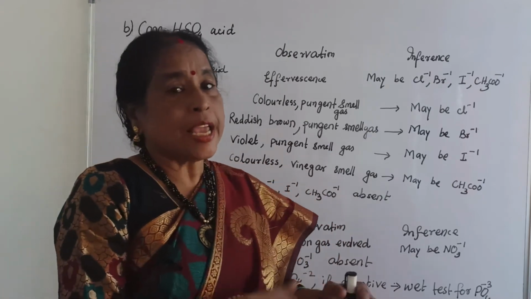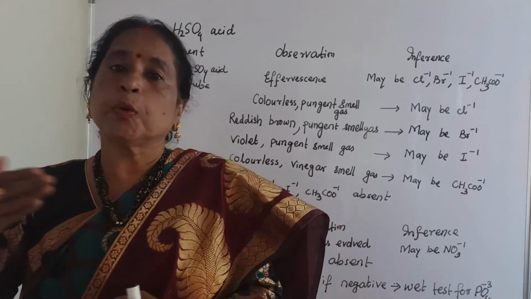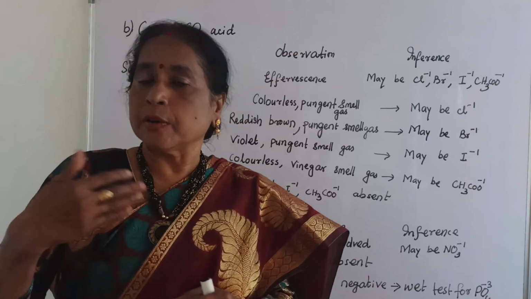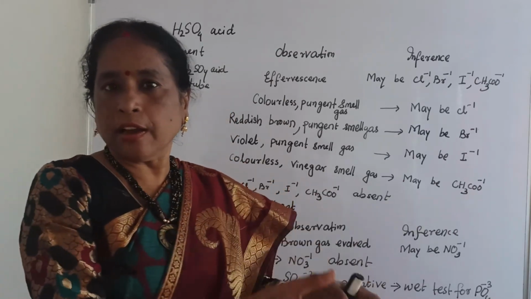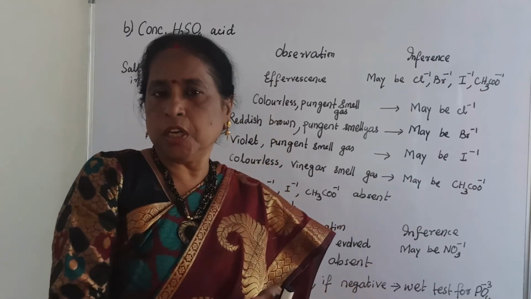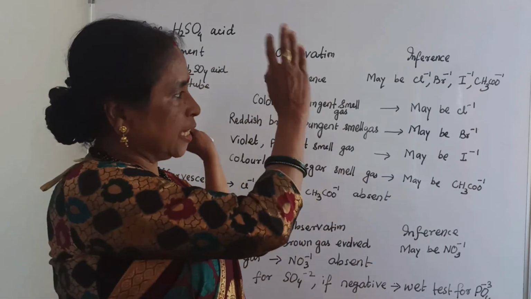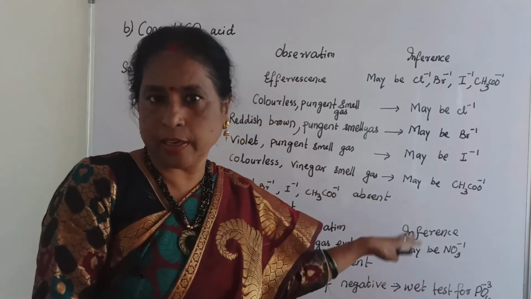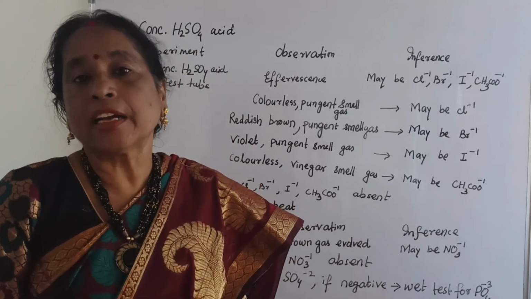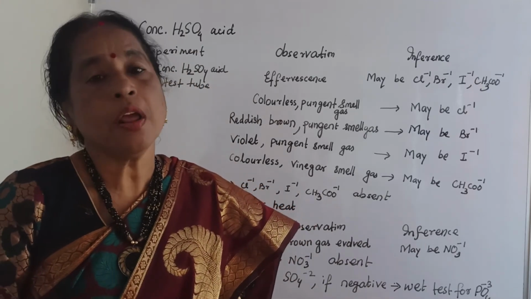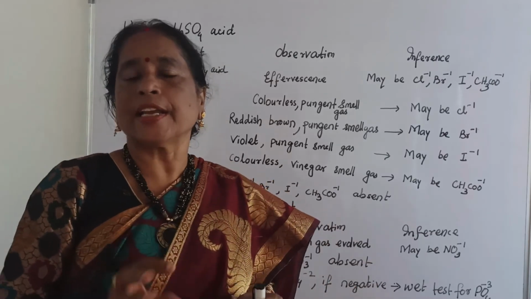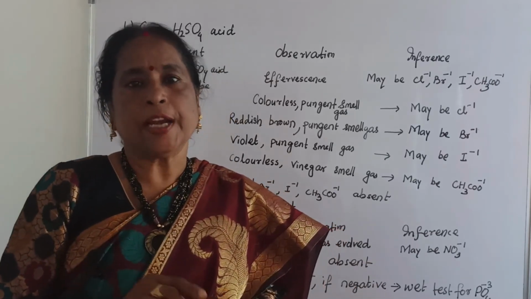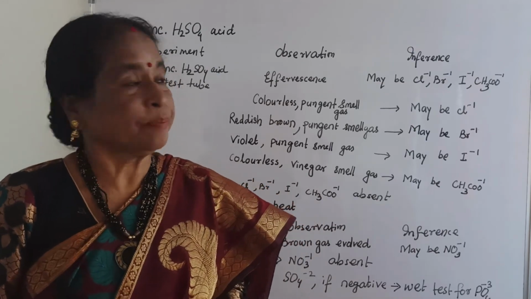If that is negative, then you proceed to the phosphate test. And what are the confirmed or wet tests for phosphate? You carry on, and surely you will get positive. If no other radical is present out of these, then surely your radical is phosphate, PO4 minus 3. So again you write that your salt contains phosphate radical. Your acid radical is phosphate, PO4 minus 3.